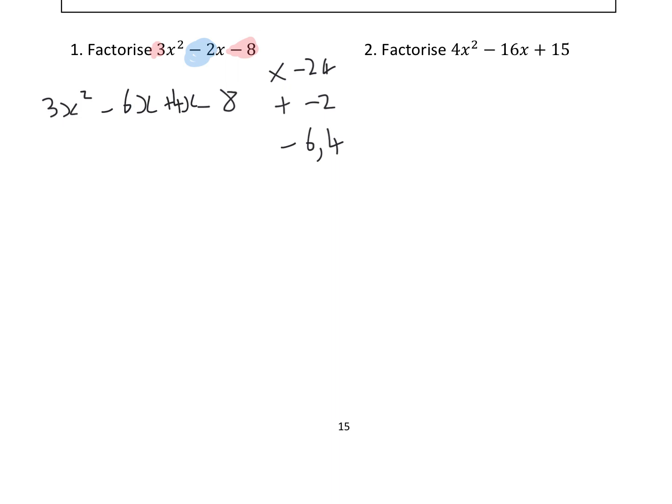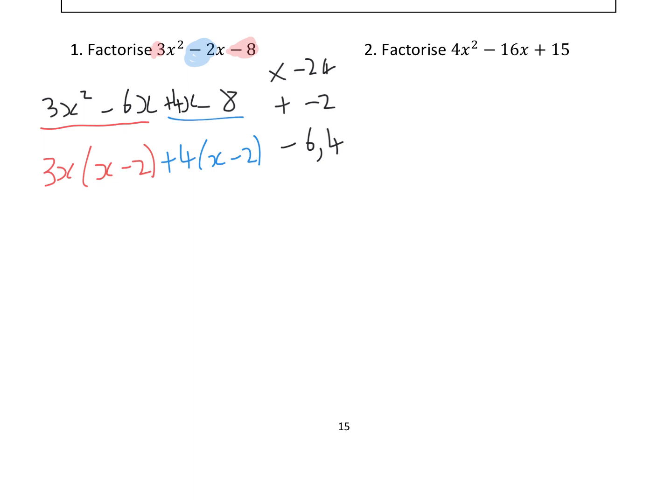We then think of it as 4 terms. Factorizing 3x squared minus 6x, 3x is your common factor, 3x times x minus 2. Looking at the last 2 terms in factorizing, 4 is your common factor, and we get x minus 2.